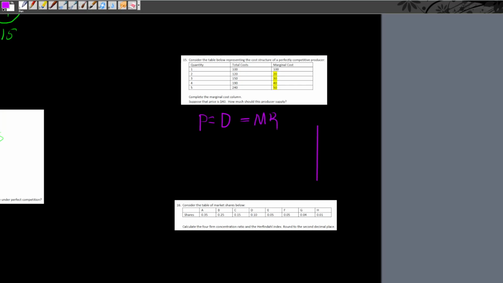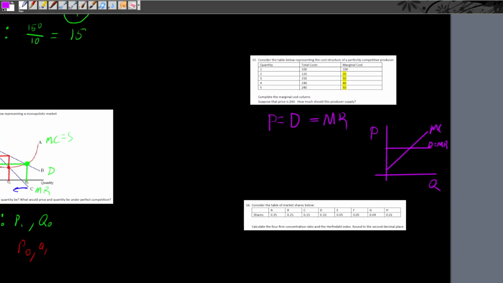If we draw that graphically, we've got Q, we've got P, we've got some upward sloping marginal cost curve, and then the demand curve, which is the same thing as marginal revenue. Ran out of room there. But the demand curve, which is the same thing as marginal revenue, is a horizontal line. So demand is perfectly elastic.